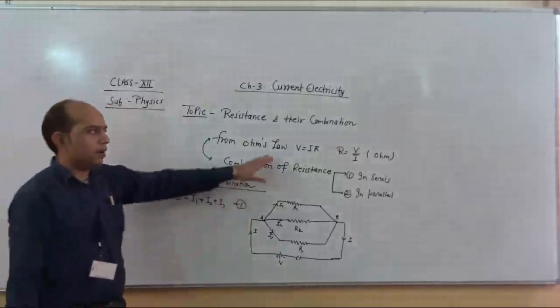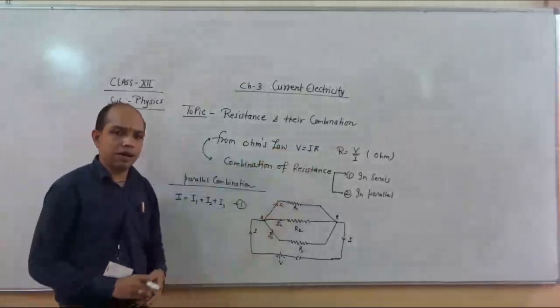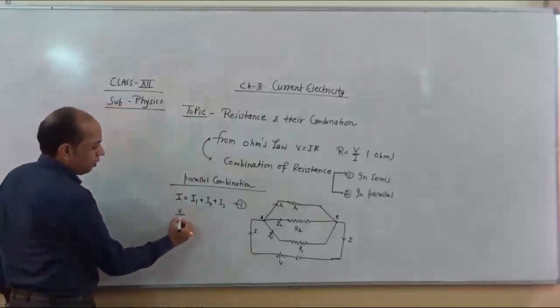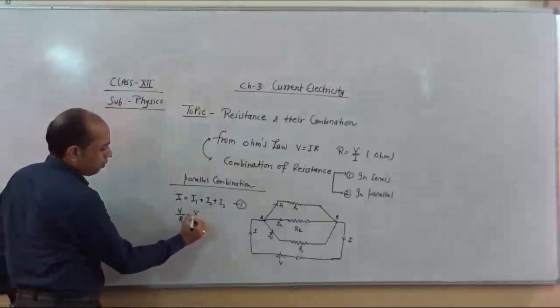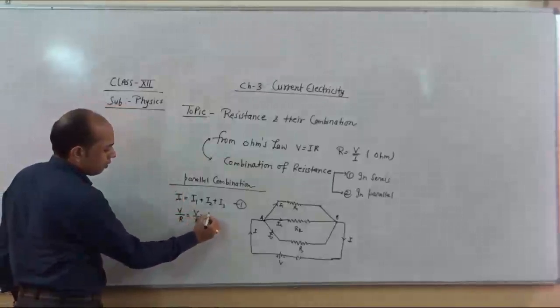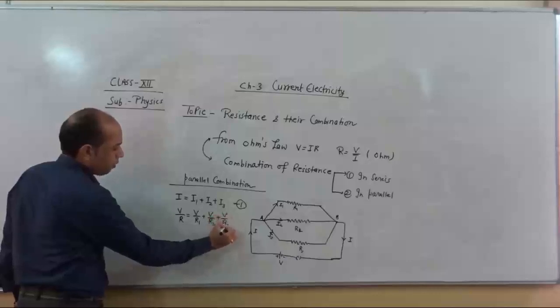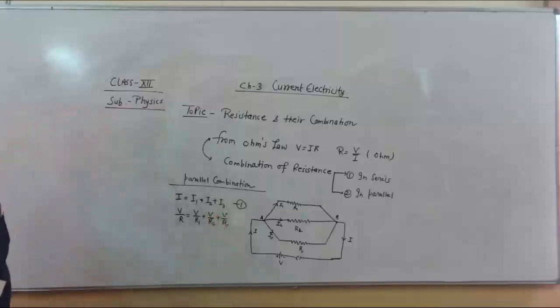Again we apply the same identity, Ohm's law, V is equal to IR. So I is replaced by V by R: V upon R1, V by R2 and V by R3. Now we take V common from both sides.